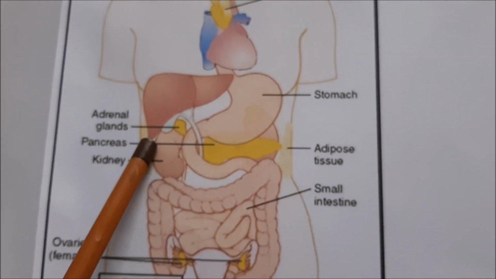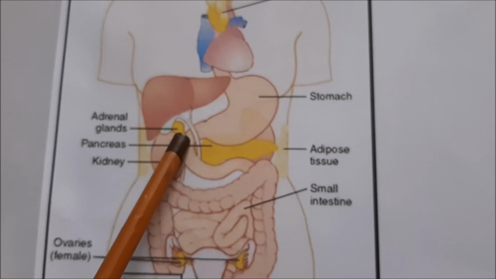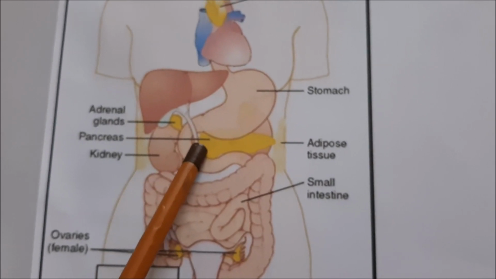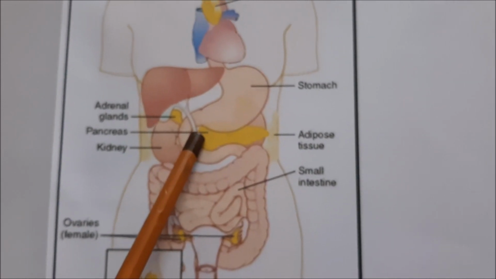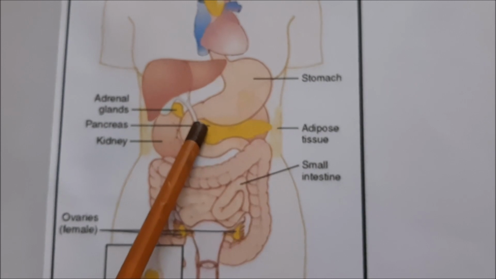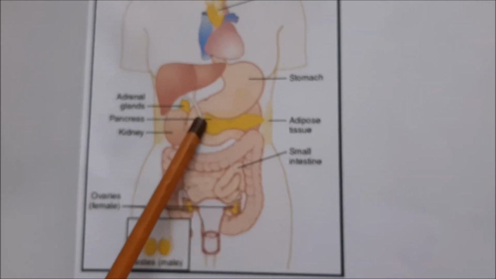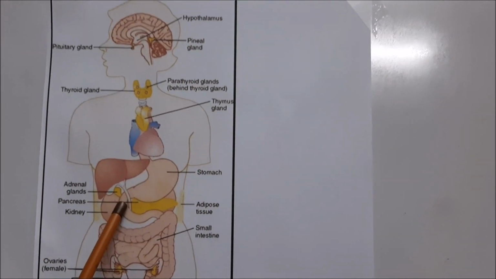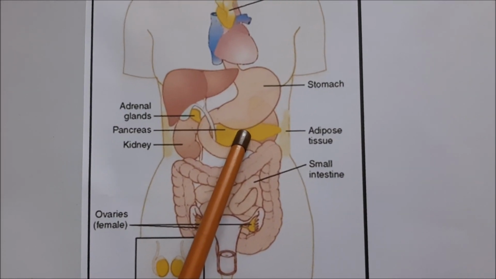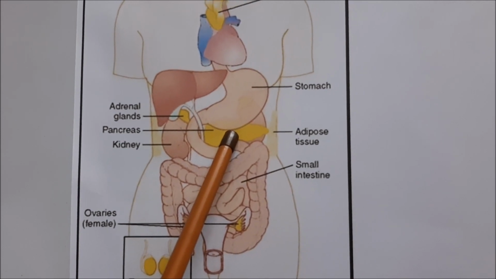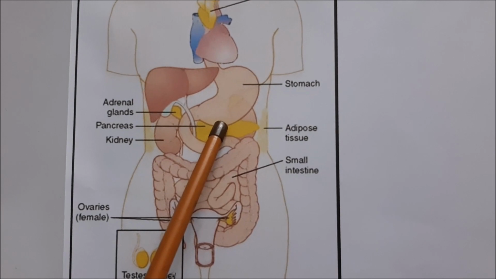Now come to the pancreas. The endocrine portion of the pancreas is the islet of Langerhans. It releases the endocrine hormones glucagon and insulin. This is the pancreas, the islet of Langerhans. It releases two endocrine hormones, one is glucagon, another is insulin.